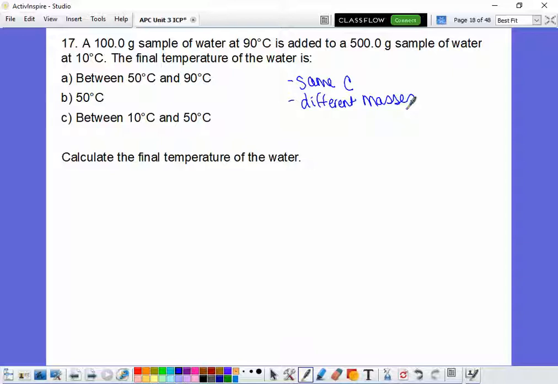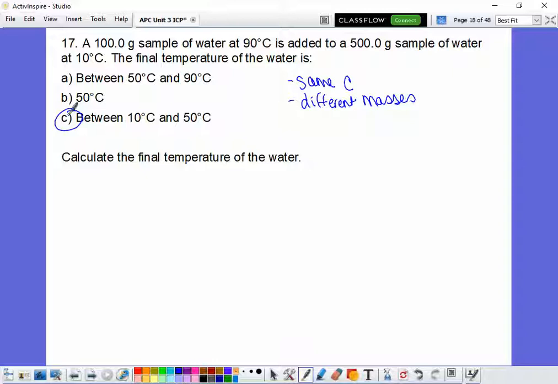Because we have a 100-gram sample at 90 and a 500-gram sample at 10. So the average between 10 and 90 is 50, but we have a lot more of the 10 degrees Celsius water. Therefore, our final temperature will be closer to what? It's going to be closer to that 10-degree sample because there's a lot more of it. It kind of wins out. So our answer will be somewhere between 10 and 50.